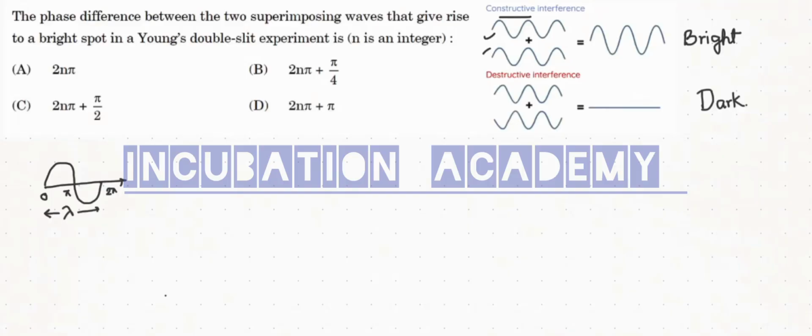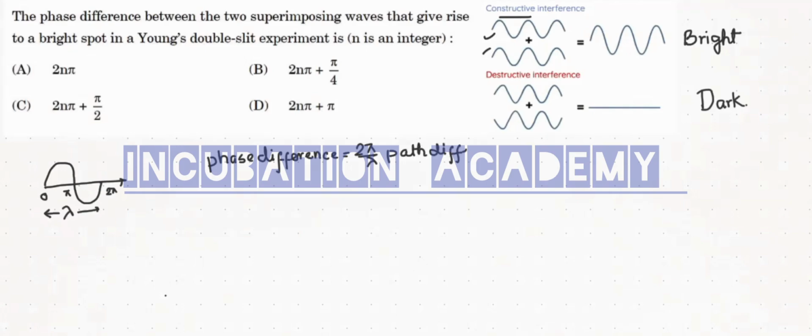From this, one very popular relation can be written: the phase difference is equal to 2π divided by lambda multiplied by the path difference.